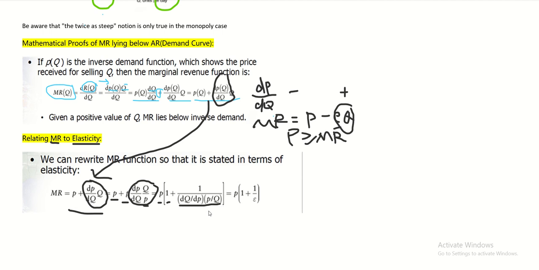It's exactly the price elasticity of demand that we have learned in previous lectures or previous videos. So here is essentially price times, in the bracket, 1 plus 1 over the elasticity.